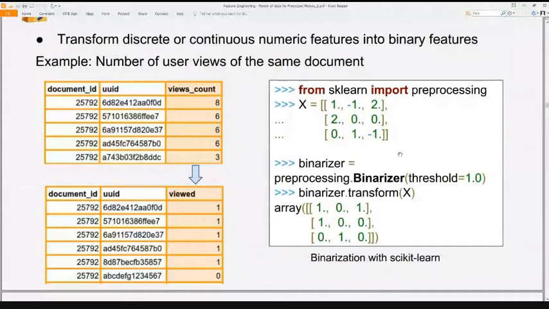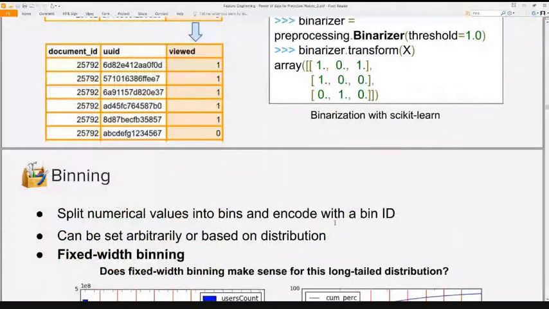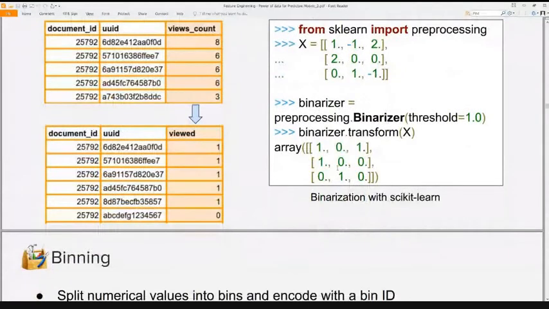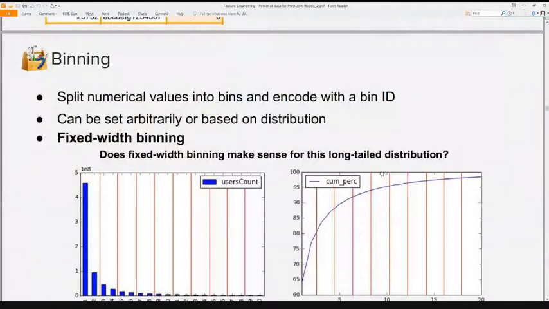Binarizer with threshold 1.0, then transform. It changes those numeric values into binary features, so we will have 1 or 0. That's how binarization works.